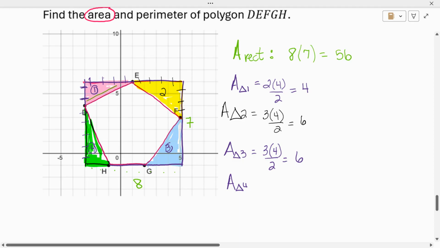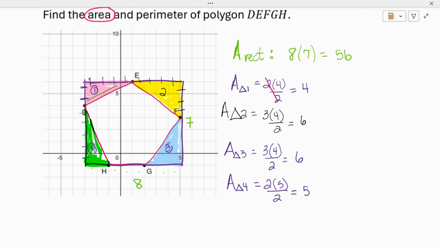Area of triangle 4 is 2 times 5 divided by 2. Avery, what is 2 times 5 divided by 2? Can I show you guys something? Look at this. Do you see how a 2 in the numerator and a 2 in the denominator cancel out? It's just the same thing as dividing by 2. Okay, use that as a trick.